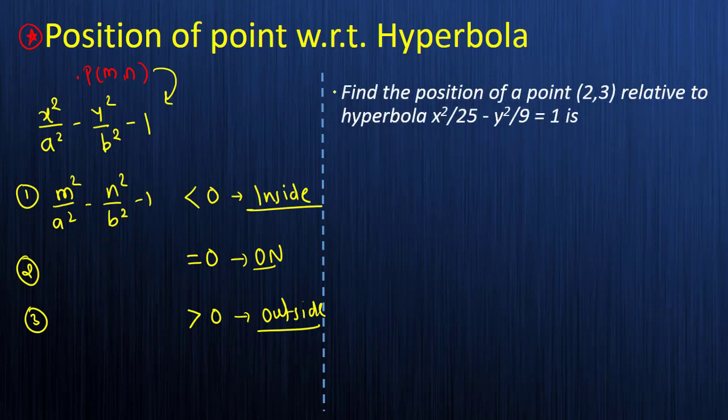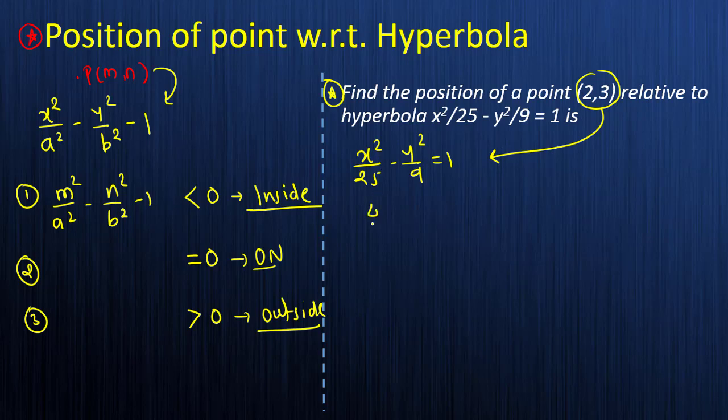Based on this, let's find the answer to this question. Find the position of the point (2, 3) relative to the hyperbola x square by 25 minus y square by 9 equals 1. You have to find the position of this point. So we will directly substitute x and y as 2 and 3. 2 square is 4, so 4 by 25 minus 3 square, which is 9, by 9. Taking the 1 to this side, let's check the value.